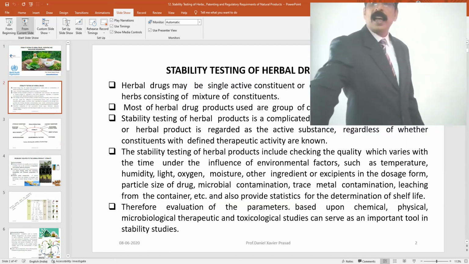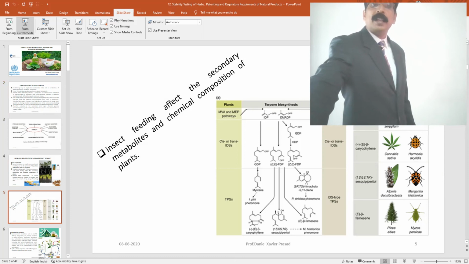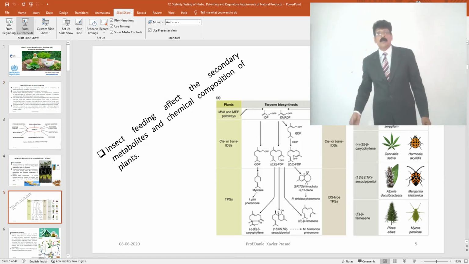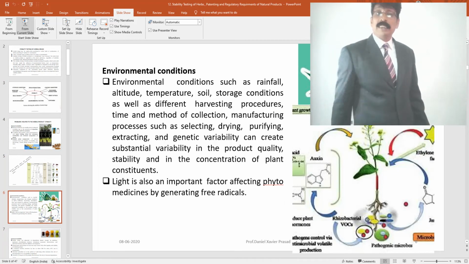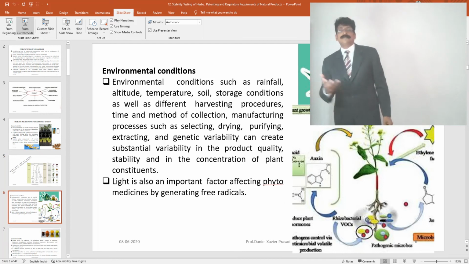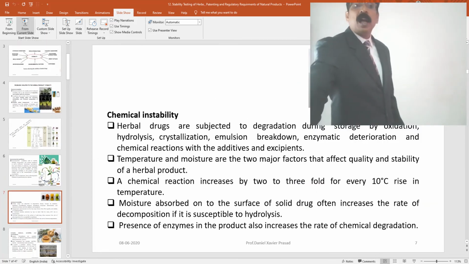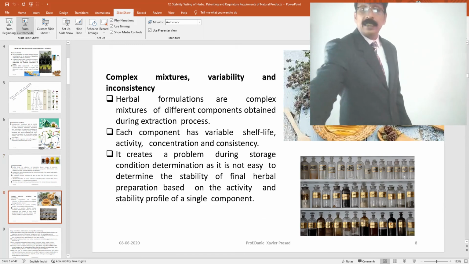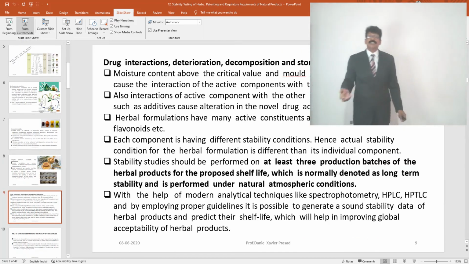There is a chapter about this and the problems of physical stability, and I have given a little more detail about certain components of the chemical composition of the plant, how the secondary metabolites are affected, and how environmental factors also affect them. We also discussed chemical stability, the complex mixture variability in consistency, and then drug interaction, drug deterioration, decomposition and storage.